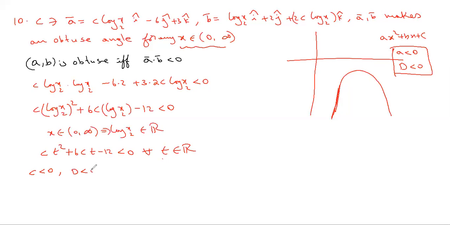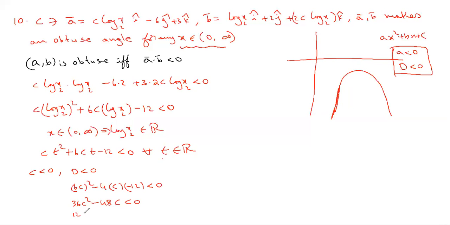D is 6c whole square minus 4 into c into minus 12, which should be less than 0. So 36c square plus 48c, then you can take the common factor.